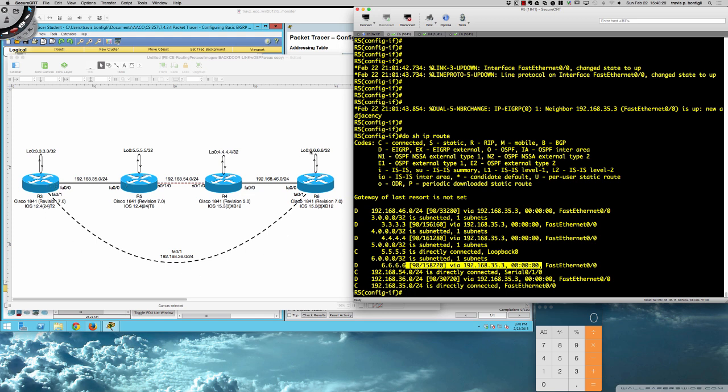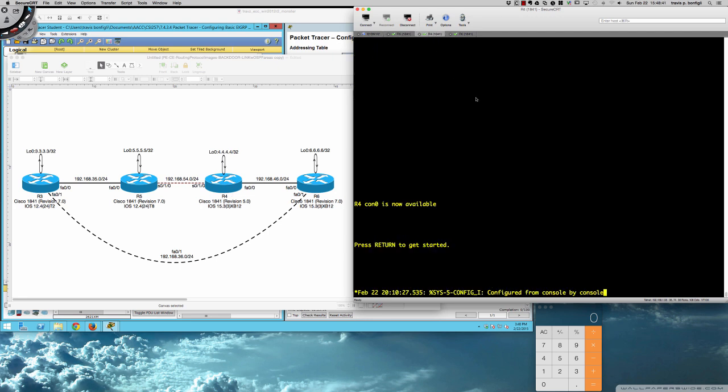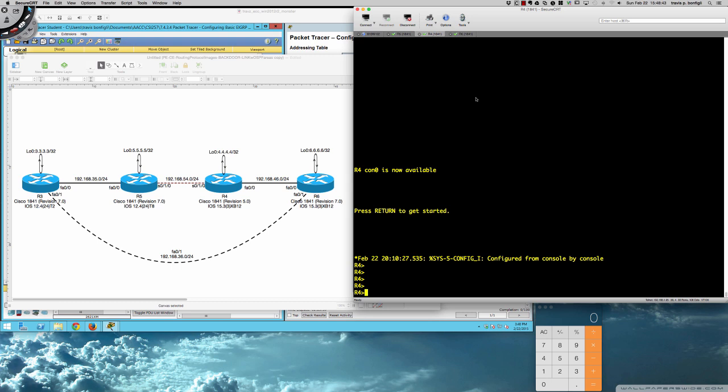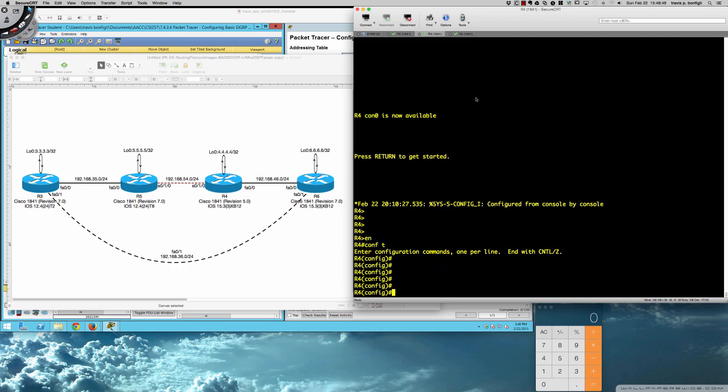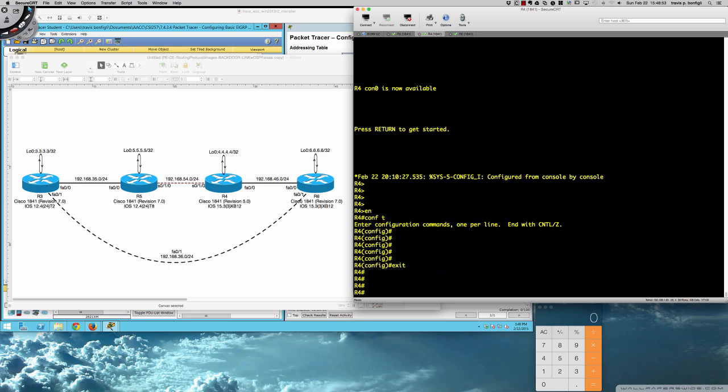to get to 6.6.6.6. So here's what we're going to do on router 4. Let's see what router 4 thinks about that 6.6.6.6 network. We can just stay in privilege exec.